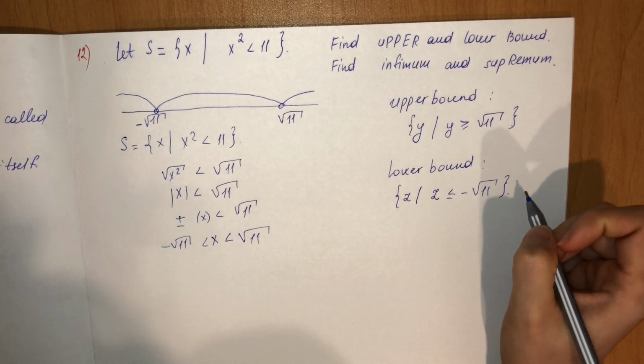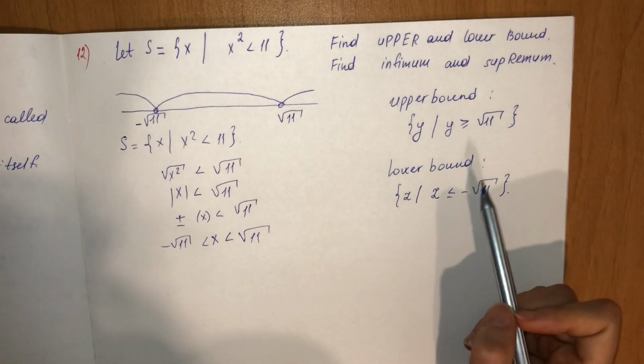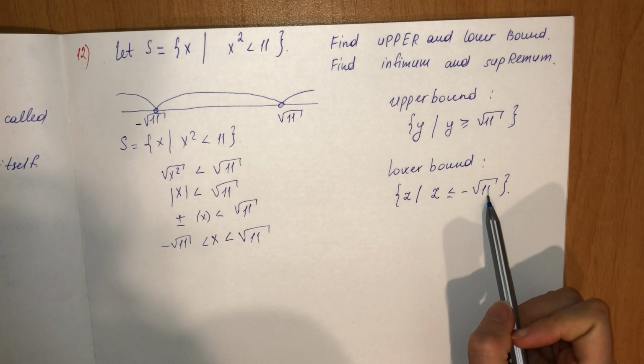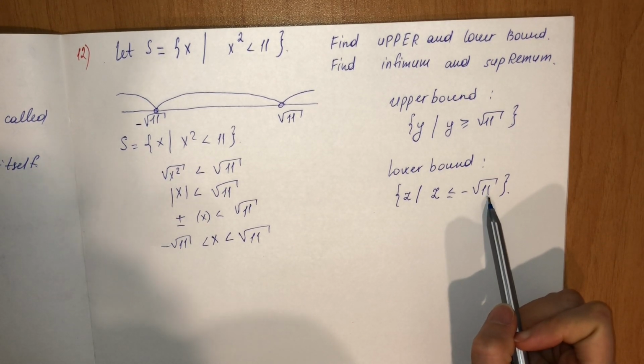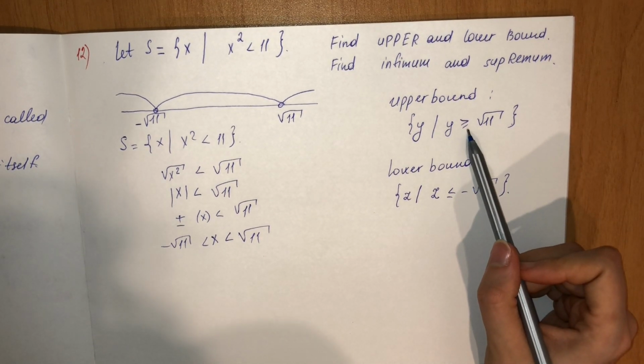And here the infimum is the greatest lower bound, and the supremum is the lowest upper bound.